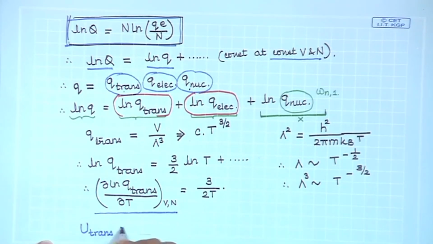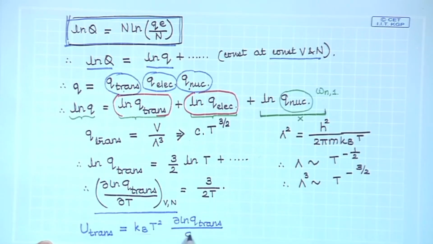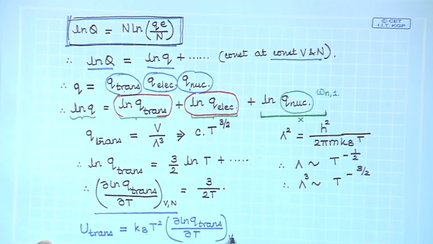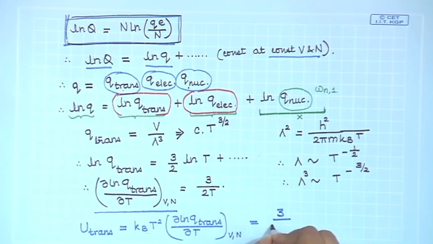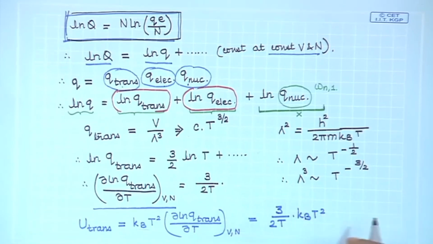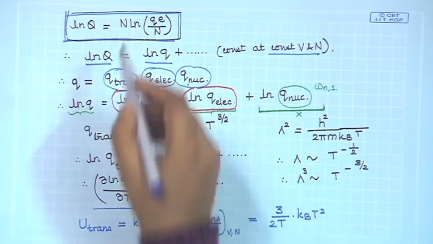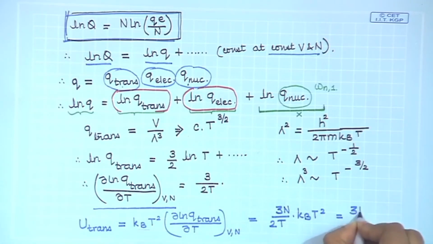Now, U trans is given by k_B T square into del ln q trans by del T under the condition of constant volume and number of particles, and therefore what I will write is this is nothing but 3 by 2 T into k_B T square, and of course, I have a capital N in front. So, that turns out to be 3N by 2 k_B T.